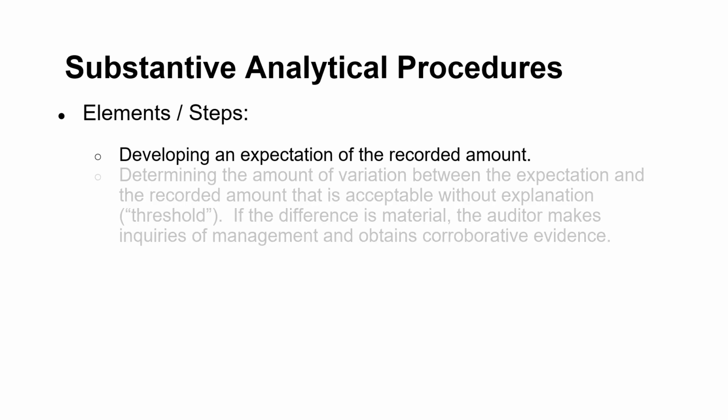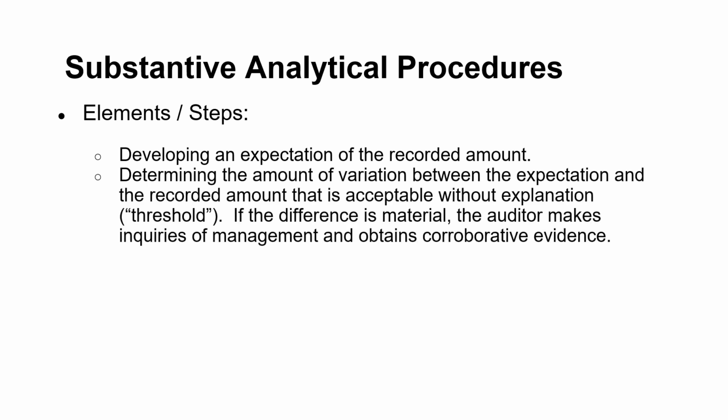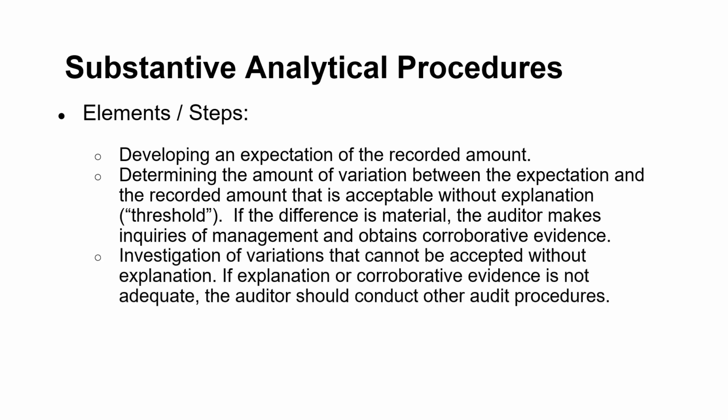We start by developing an expectation of the recorded amount, and then we determine the amount of variation between the expectation and our threshold. If the difference is material, we make inquiries of management. So investigation of variations that cannot be accepted without explanation. If we cannot get the explanation or the evidence is not adequate, then consider conducting other audit procedures.